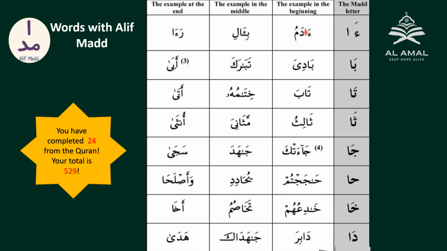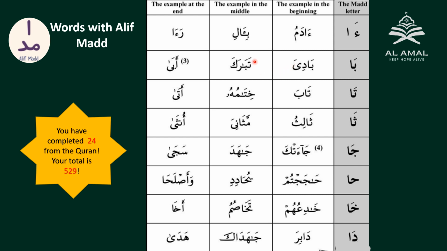The Alif here is making the Hamza sound longer. So this is Adamu bi Ali. I elongated on the Ra'a. This is ba, Badia. I didn't say it short, I elongated it.